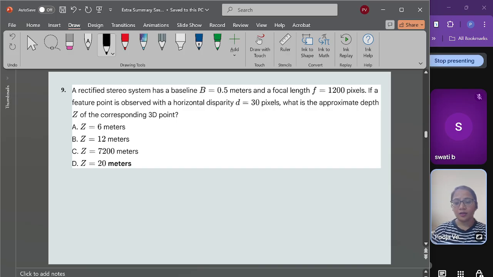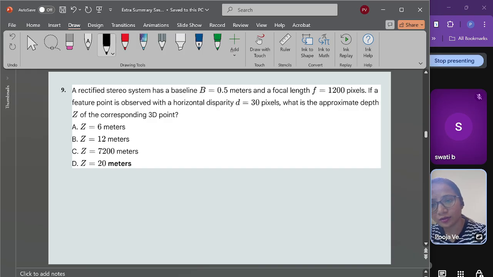Can anyone recall how to calculate the depth of the corresponding 3D point from the given data? What is our formula, the depth formula for the rectified stereo system? Okay, so let's see.